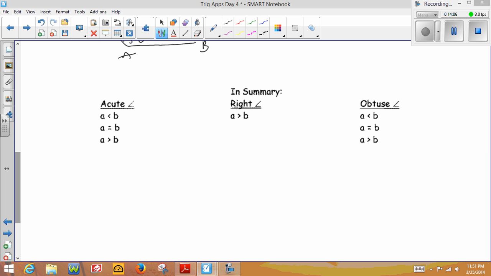So, in summary, if we have an acute angle and A is less than B, we use our sine ratio.